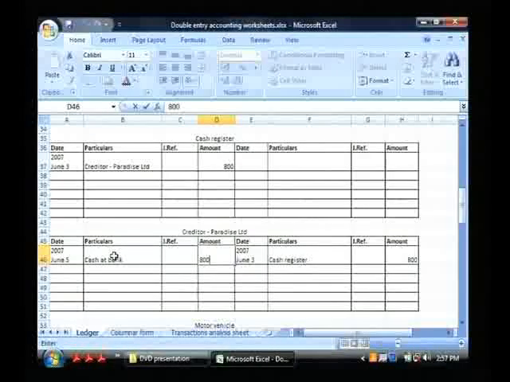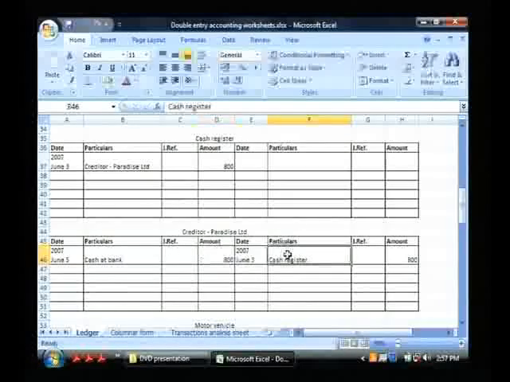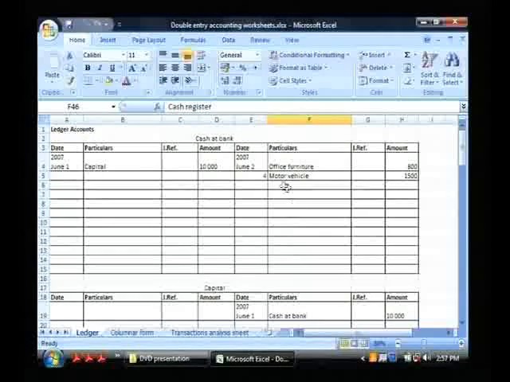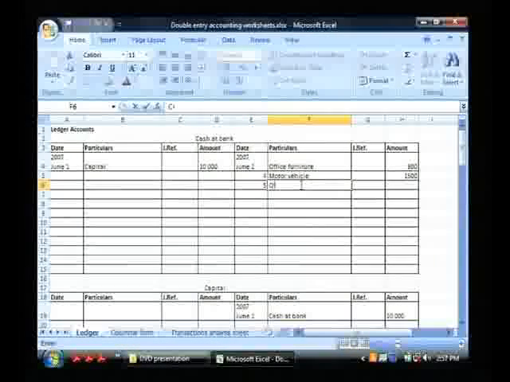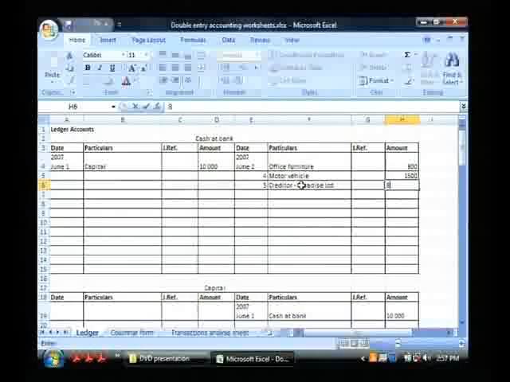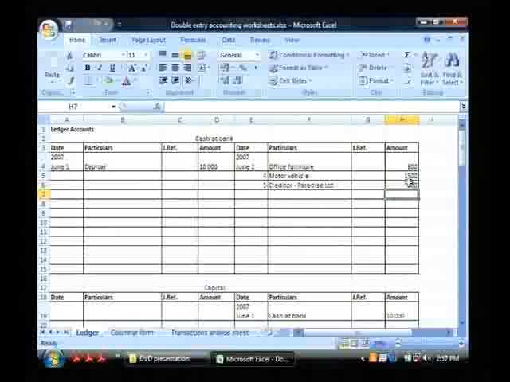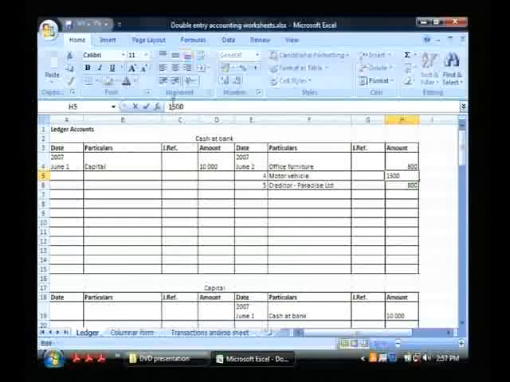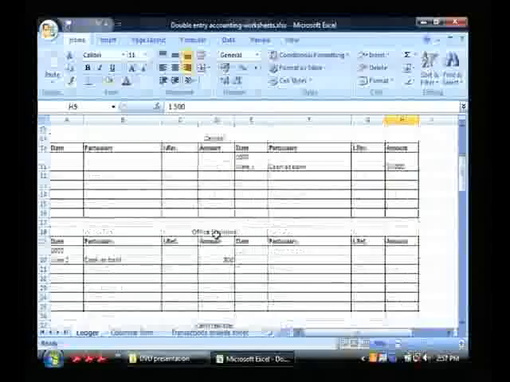Amount is 800. Cash at bank 800. Creditor Paradise Limited 800.